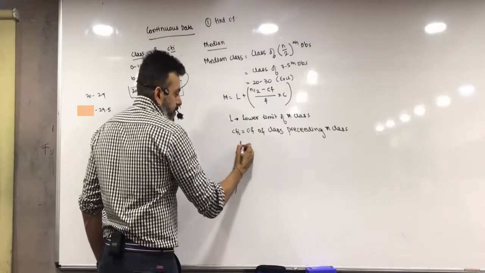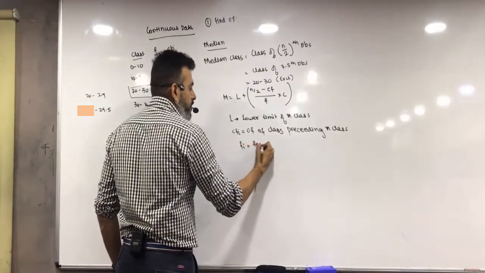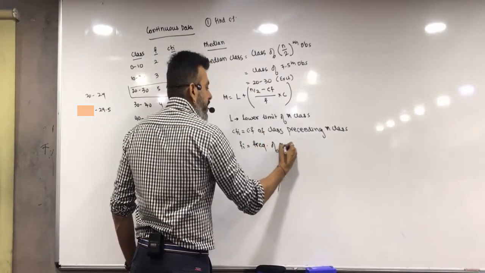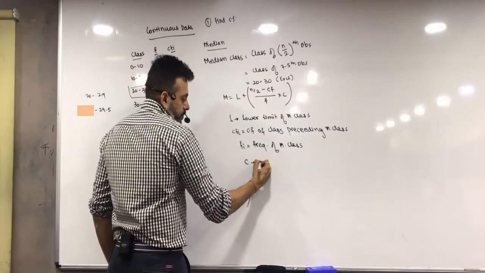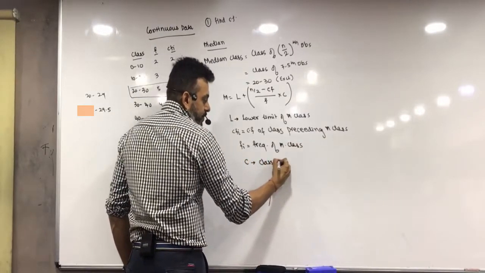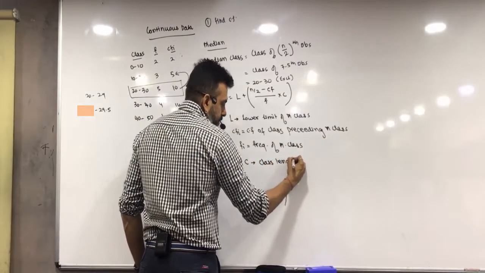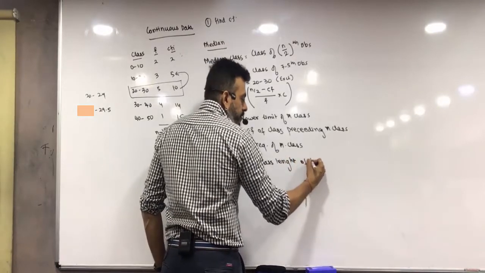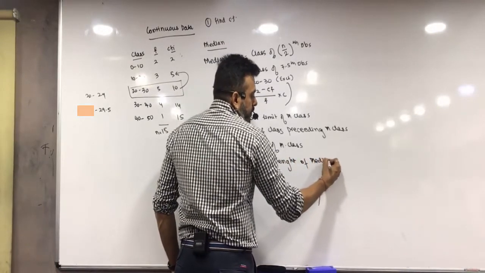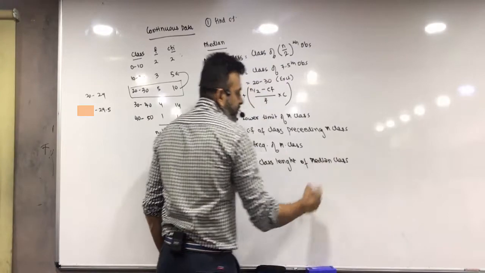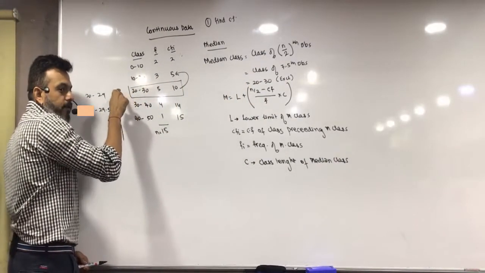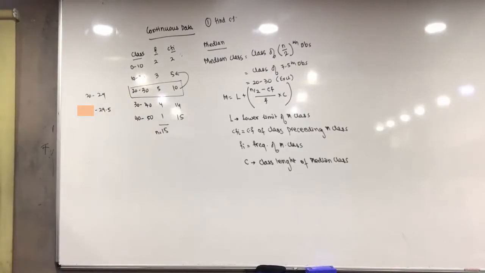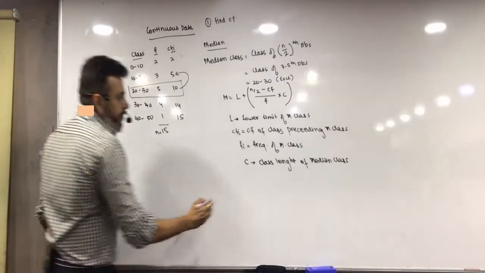Now f is equal to the frequency of the median class. c is the class length, but not the common class length. Class length of the median class. So if there are unequal class lengths, then we have to take the class length of the median class. Understood this?